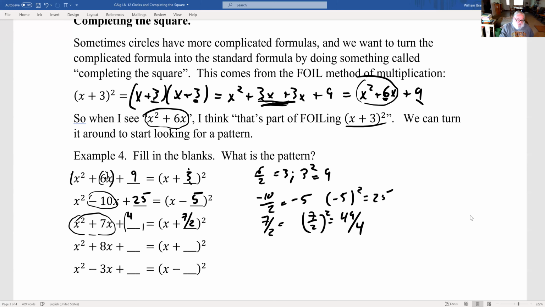So this term will be 49 over 4. We look at this, 8x, half of 8 is 4. 4 squared is 16. Half of minus 3 is minus 3/2. 3/2 squared is 9/4. And so if you know this number, cut it in half to get this number, and then square it to get that.